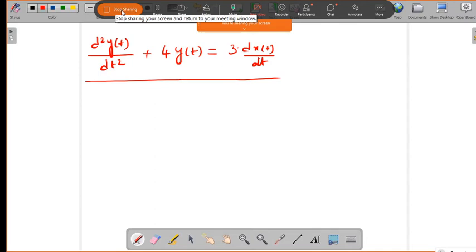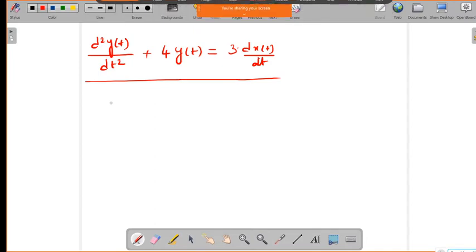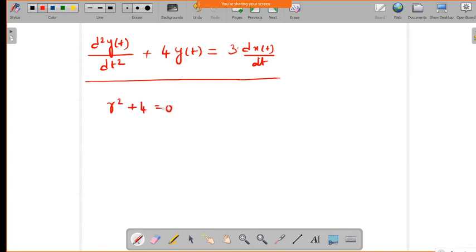What are the roots? Plus or minus 2i. So we get r square plus 4 equal to 0. This is the characteristic equation. Then we get r equal to plus or minus j2, or i2, we can represent it as i or j. These are the roots of this characteristic equation.